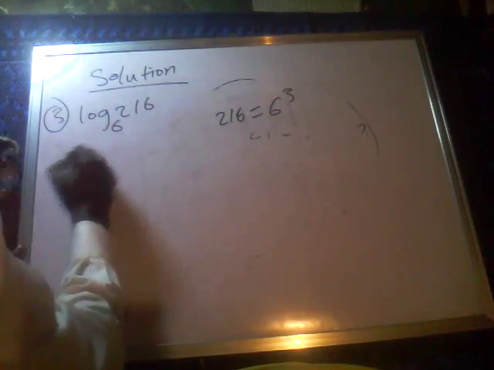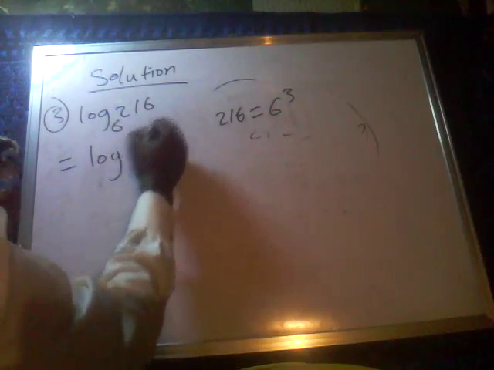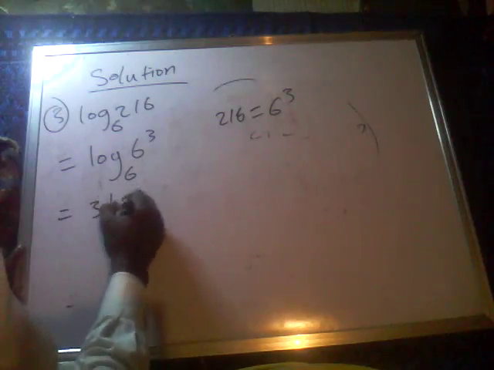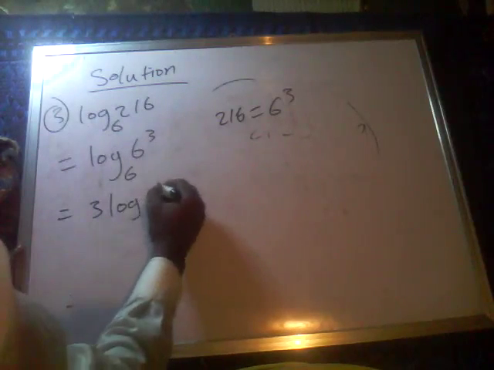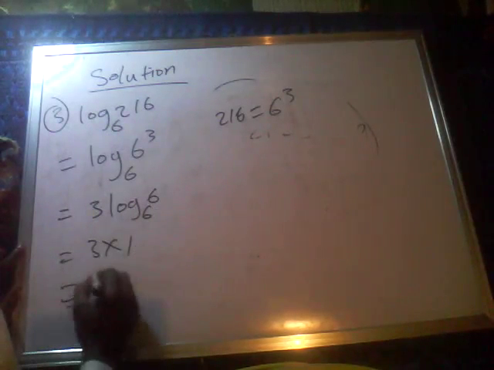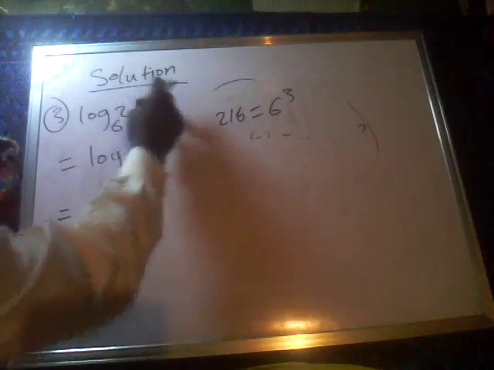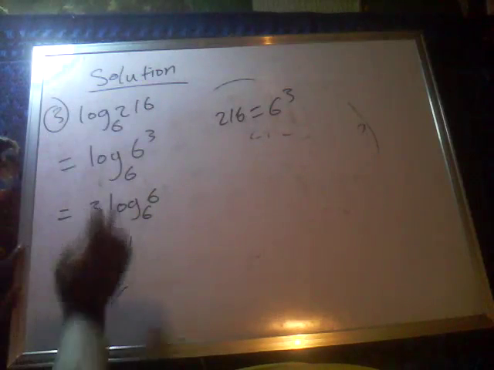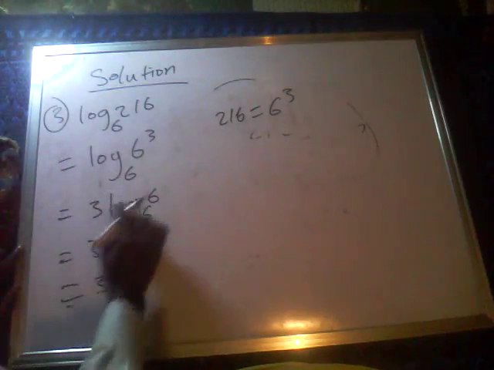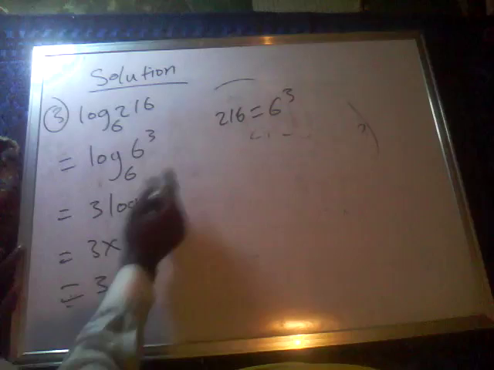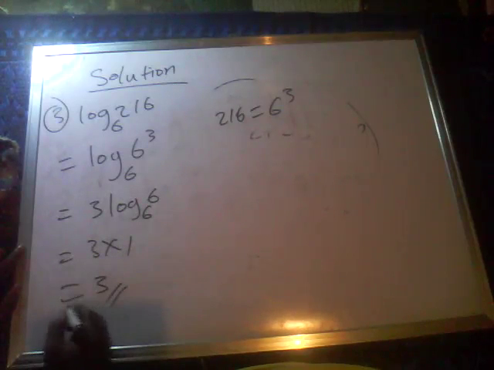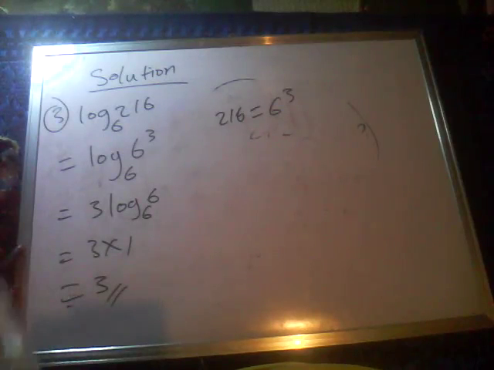So that equals log 6 raised to power 3 to base 6, and that's equal to 3 log 6 to base 6, and that is 3 times 1, which is 3. So log 216 to base 6 is equal to 3 log 6 to base 6, and log 6 to base 6 is 1, so that is 3 times 1, which gives us 3. That solves number 3.